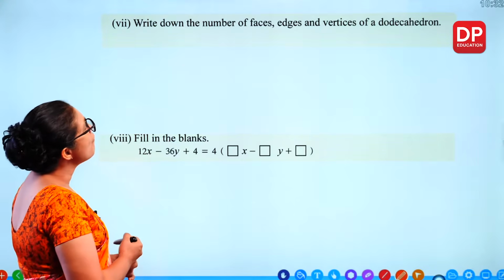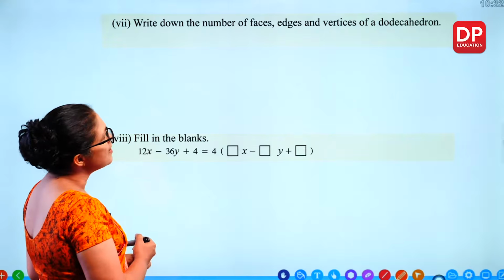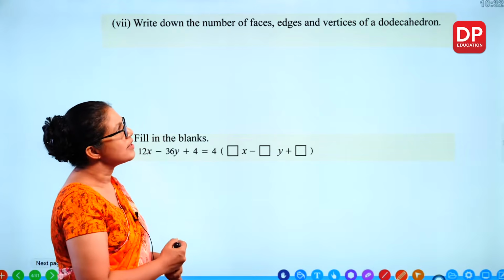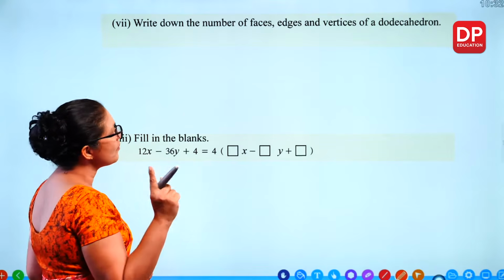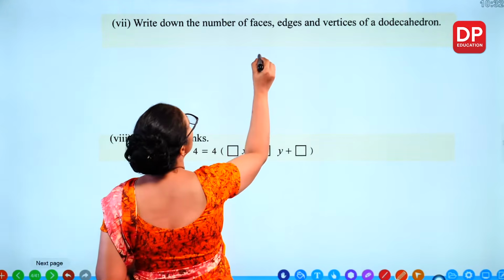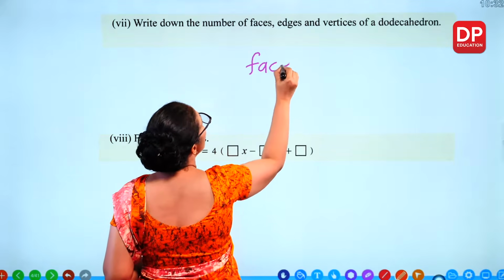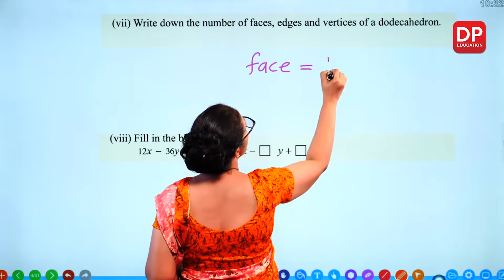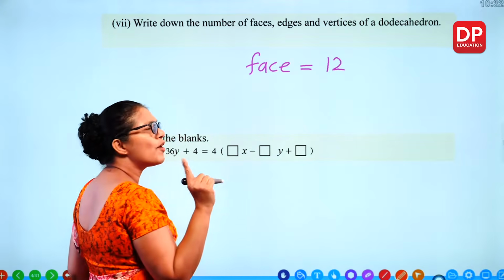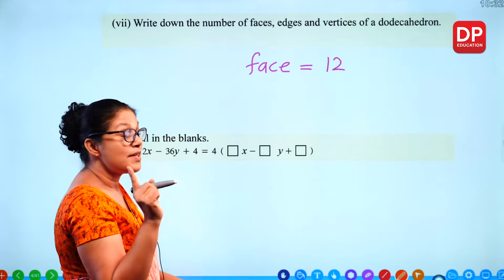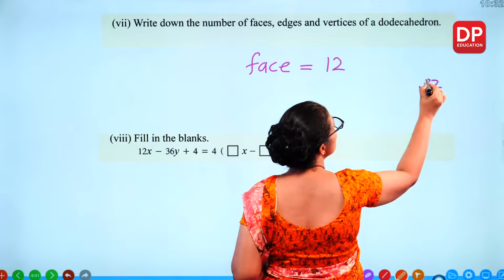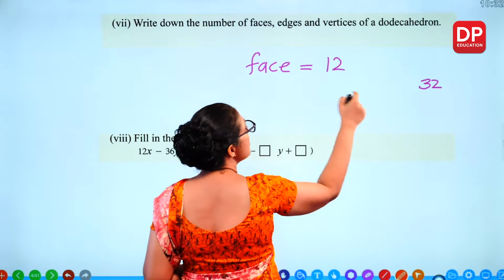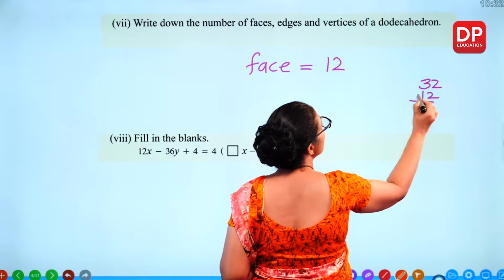Write down the number of faces, edges and vertices of a dodecahedron. What does dodeca mean? 12. And you know faces is equal to 12. Then what can you remember? The sum is 32. So from the sum 32, you can find the number of vertices by subtracting 12.